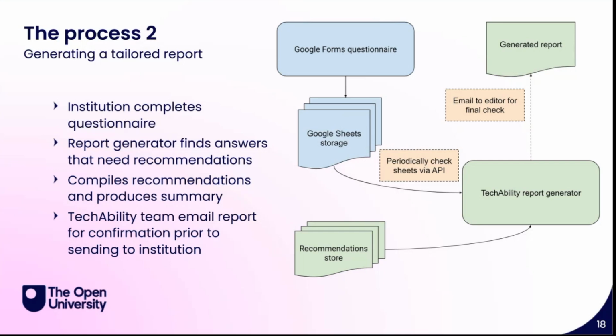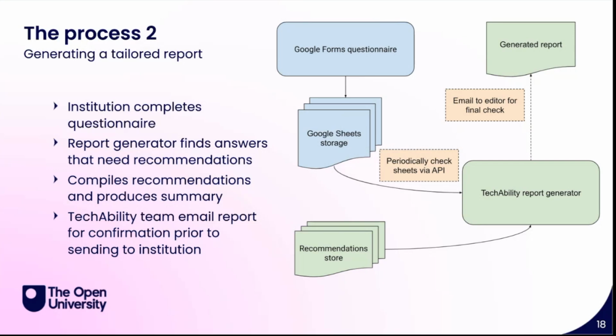From those responses, we would look for the answers that we had decided a recommendation would be needed for. Then we'd combine all those recommendations and again use AI to create a summary of them.